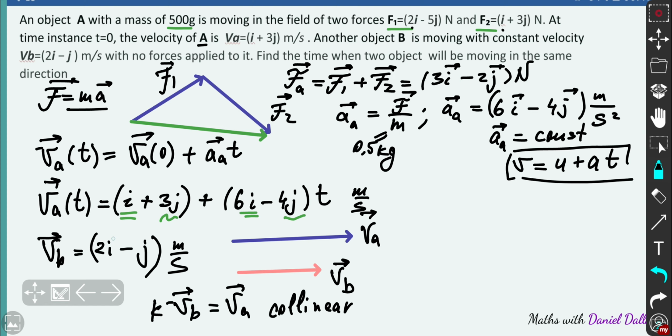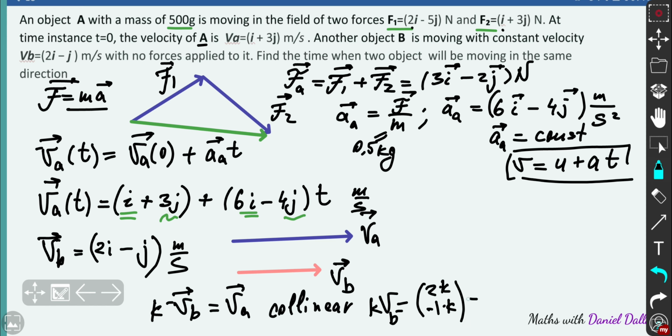Let's break them up into component form. Remember that component form is simply a column vector, using matrix notation. So VB we can write as 2 and -1 instead of writing i and j. When we multiply by k, we need to multiply every single component. So k times VB works like each component is multiplied by k.